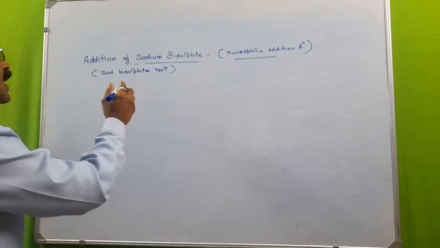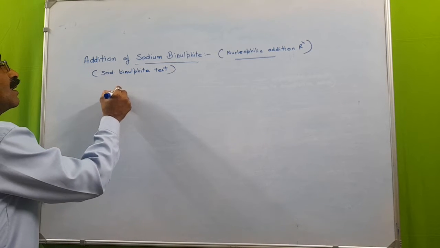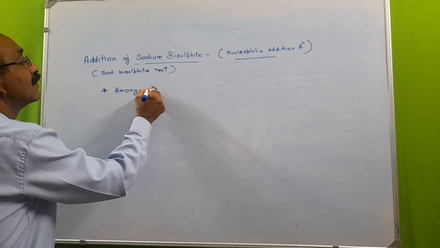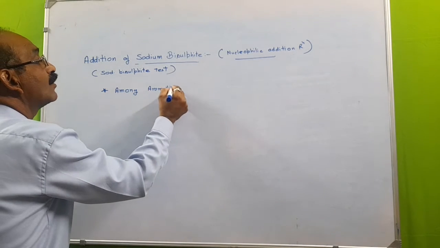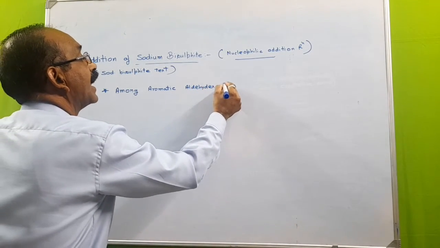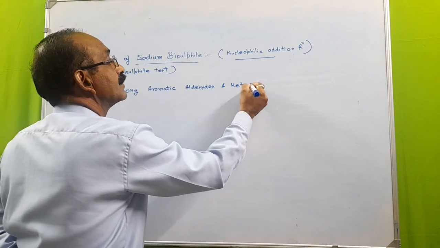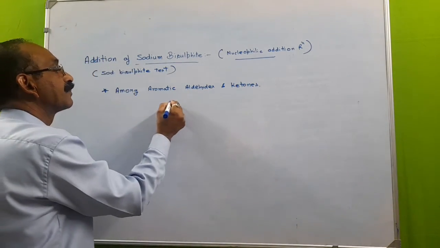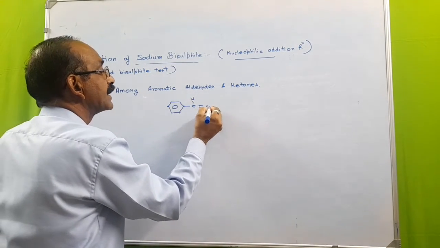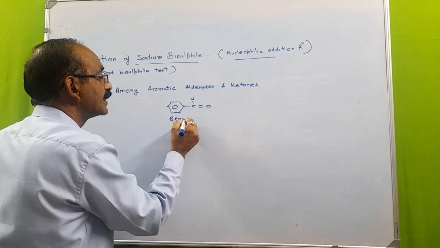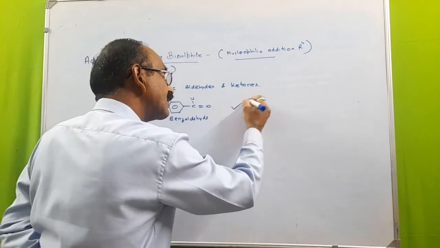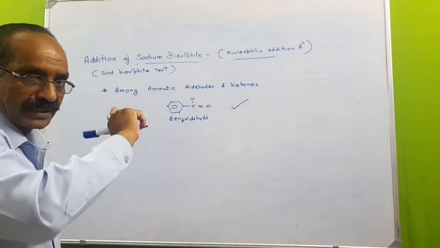This one is also important here. Among aromatic aldehydes and ketones, this one is benzaldehyde. It gives the sodium bisulfite test.